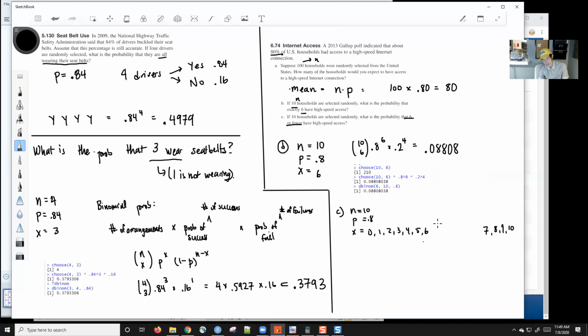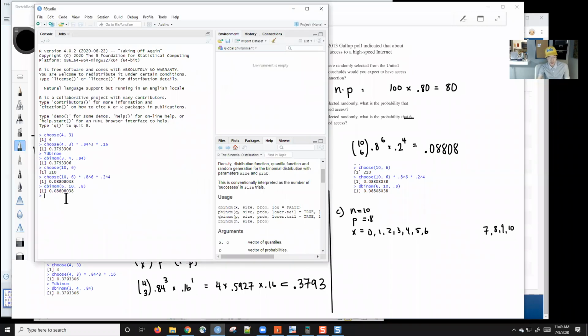So I can do this. This is going to be most easily done on the computer, and there are a couple of ways you can do it. One is you can do dbinom and calculate it for 0 through 6. Let me just demonstrate on the computer.